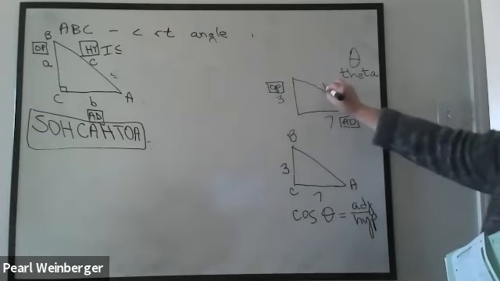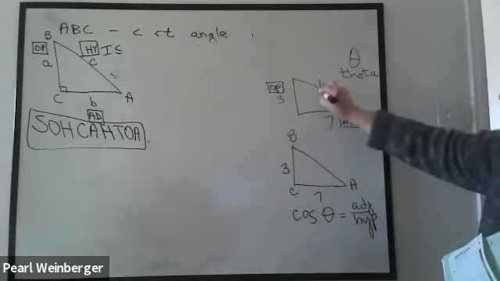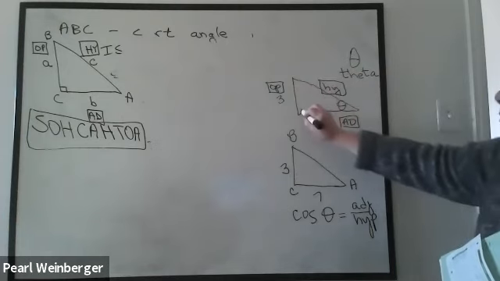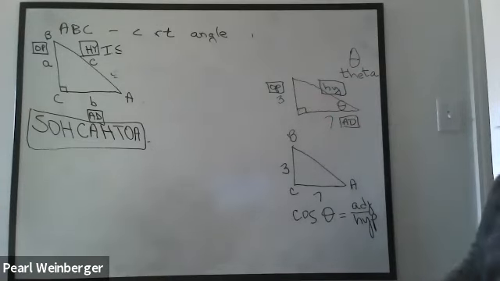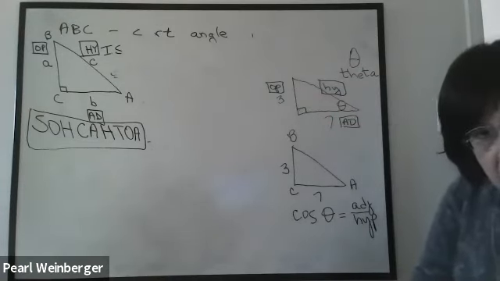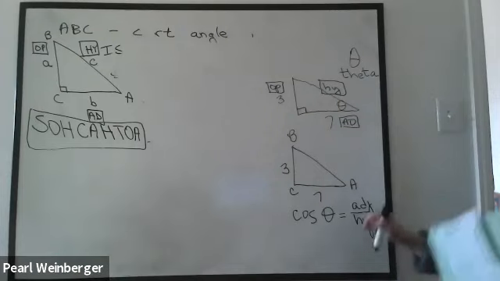And obviously, this is my hypotenuse. The hypotenuse is the one that's always across from the right angle, which you'll always recognize by that square corner.